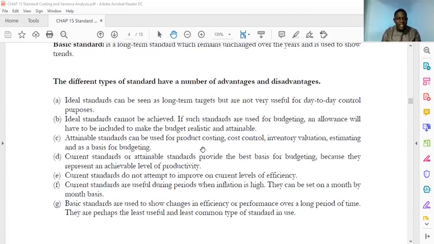Efficiency. Current standards are useful during periods when inflation is high because they will be responsive to the current happenings. Okay, good. They can be set on a month-by-month basis.